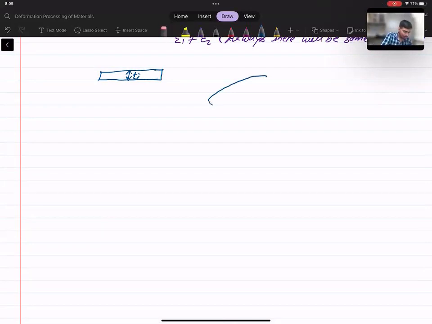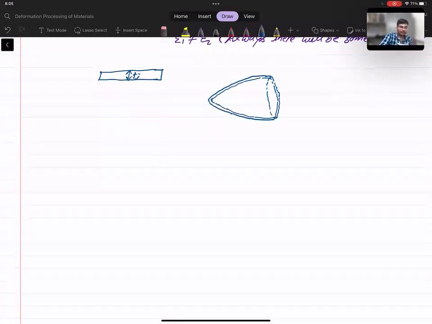So shapes like this can be formed. So conical sections like missile cones, etc., can be formed.